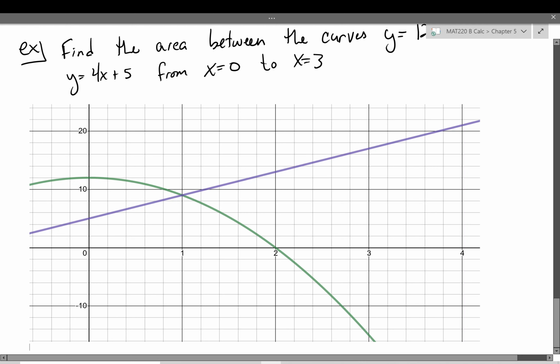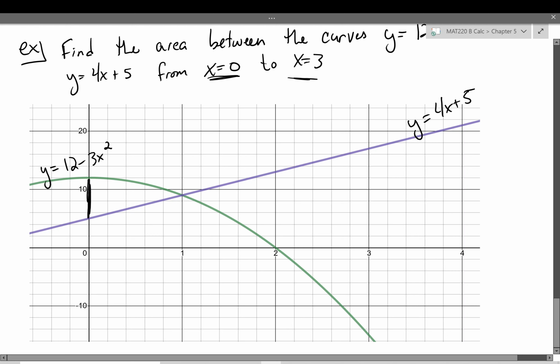Now, when I go ahead and label this, remember the green line is going to be y equals 12 minus 3x squared. And the purple line is going to be y equals 4x plus 5. And we're going to evaluate from x equals 0 to x equals 3.